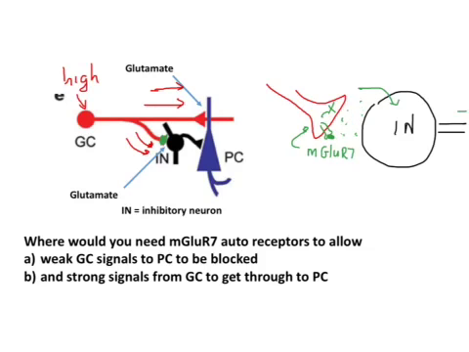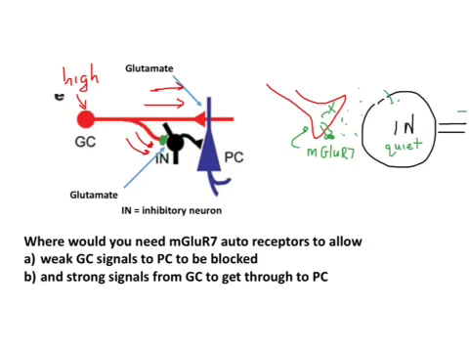If we reduce that, then we have basically a very quiet inhibitory neuron. So again, with high levels here at that synapse, you get the autoreceptor shutting off the release of neurotransmitter from the granule cell.